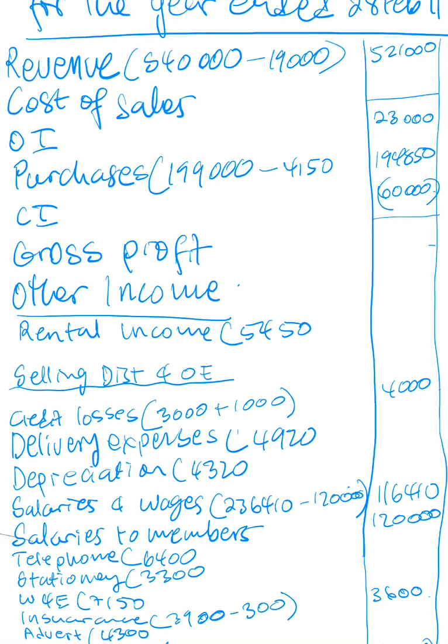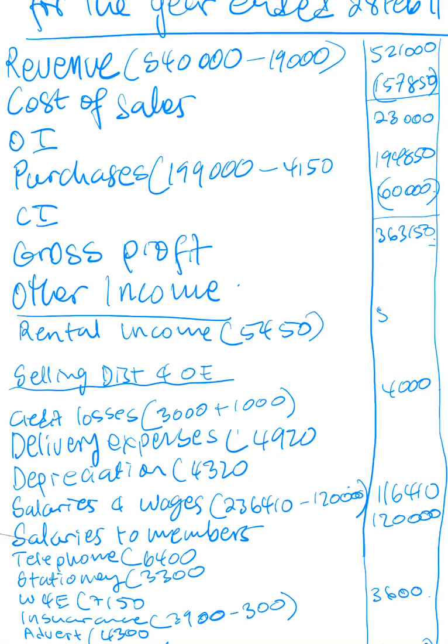Then you add 23 plus 194 minus 60, it will give you 157,850. But this I guess you can also check on the solution. Then you have the revenue minus cost of sales, you get a gross profit of 363,150. Other income, there's only one item, which is rental income.